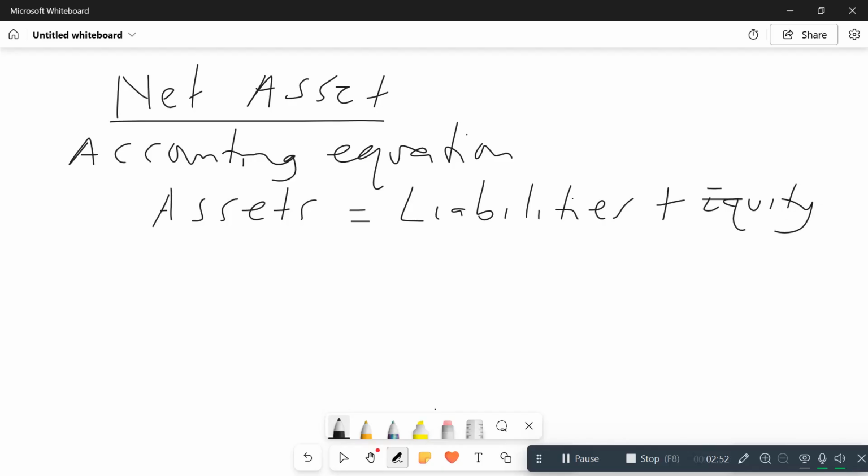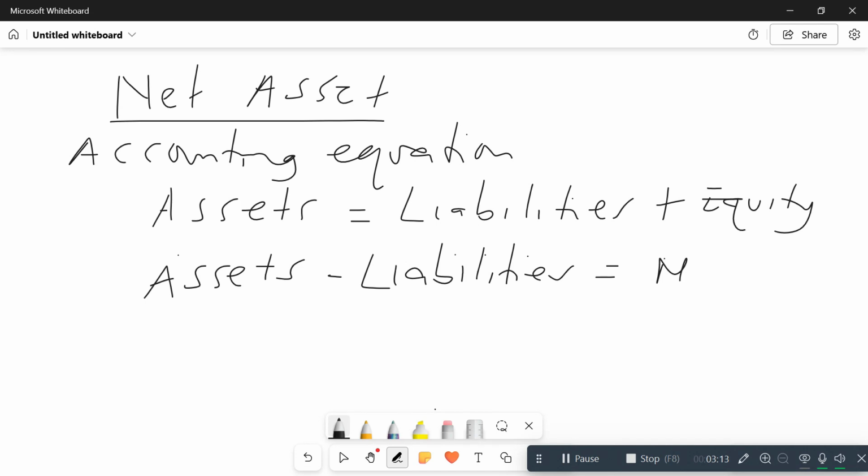If I take asset minus liabilities, what will remain is our net asset, or equity.